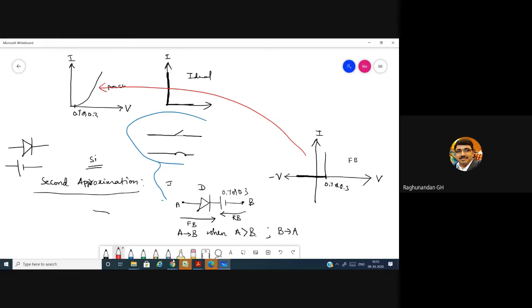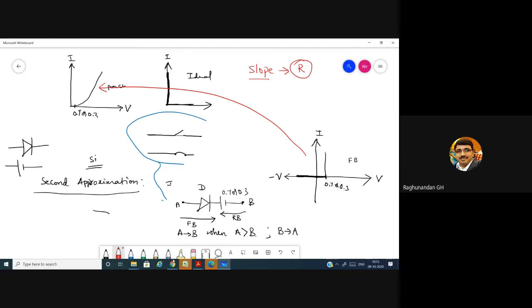This graph is straight. So we know that the slope always indicates resistance. If you have a slope in VI characteristics, that indicates resistance. So when there is a resistance, there will be a slope. Here, is there a slope? There is no slope. That means here there is no resistance.